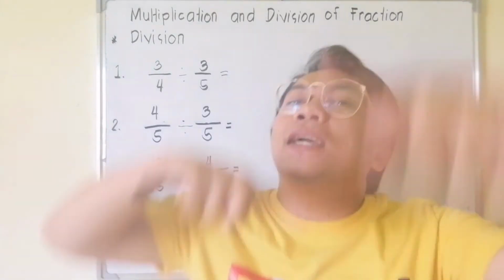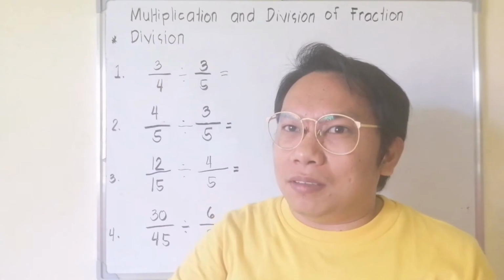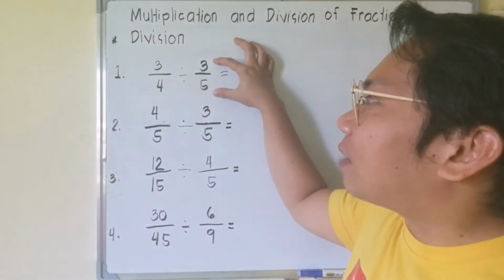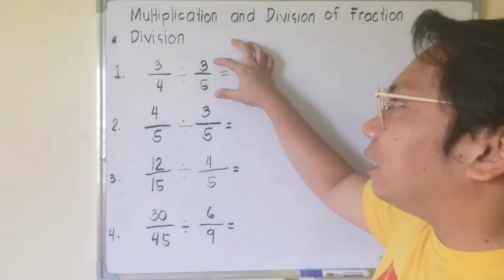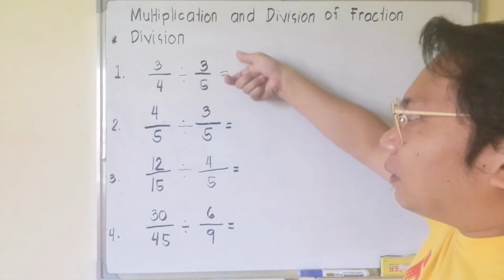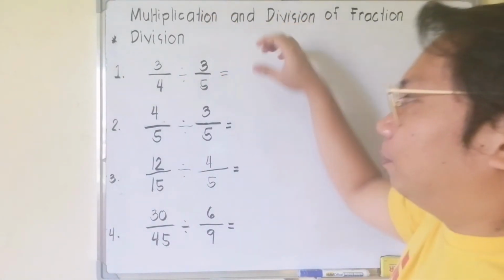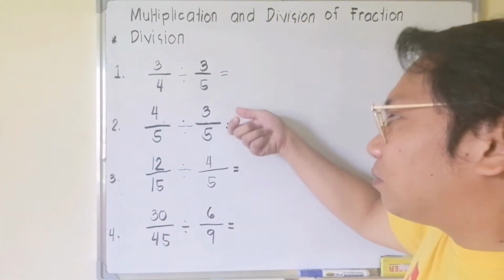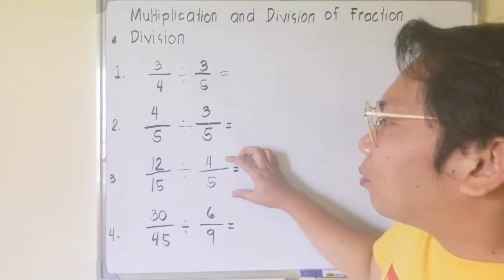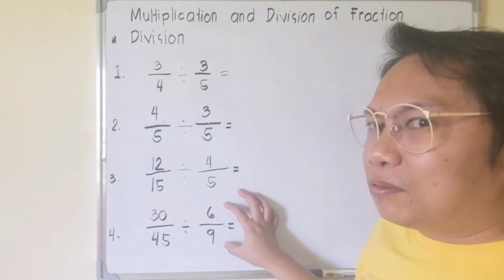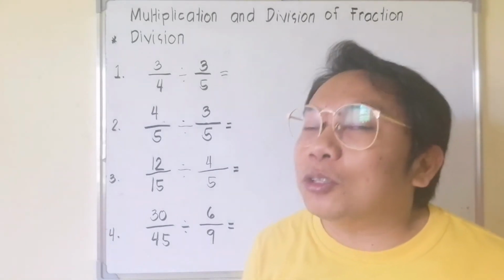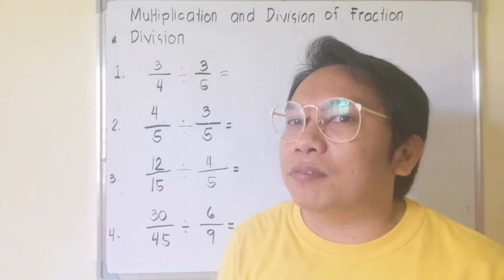Reciprocal is just simply baliktarin mo lang yung given fraction. Kung meron kang 3/5, ang reciprocal niya ay 5/3. So, we will just baliktad. 3/5 is just 5/3. 5/4 is 4/5. And 6/9 is 9/6.